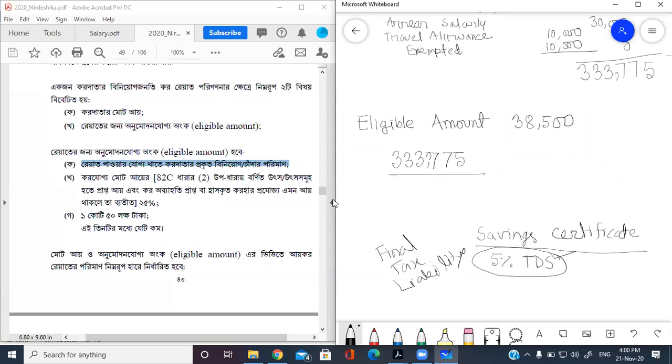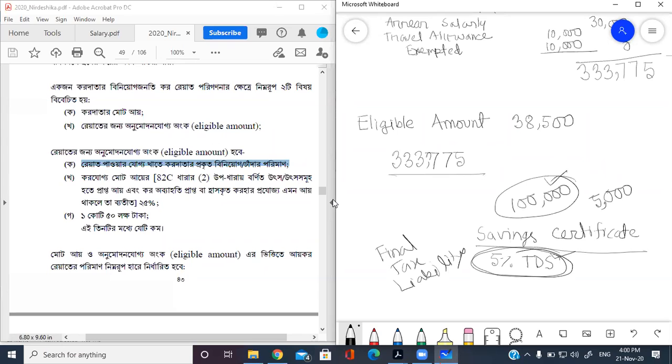That means if you receive, for example, 100,000 interest income from your investment in savings certificate, and you have already paid, for example, 5%, that means 5,000 tax in terms of TDS. That means it was deducted when the interest was paid.